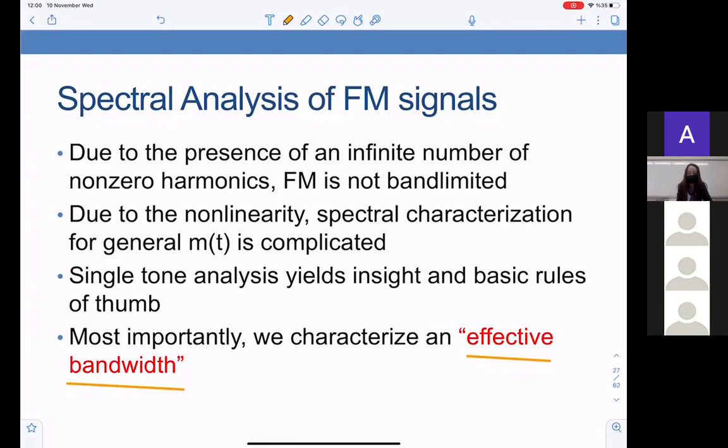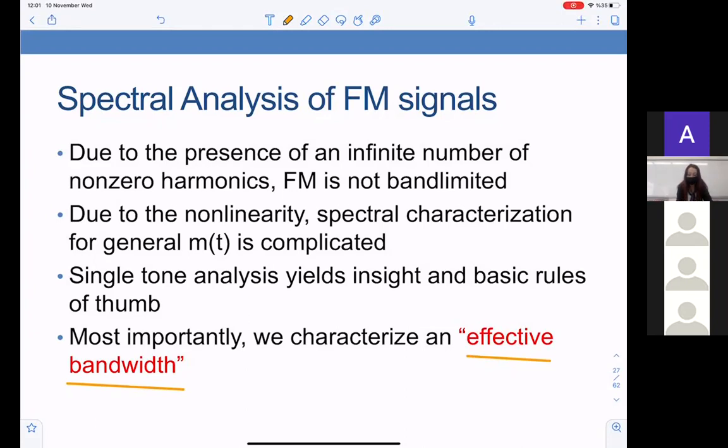Because putting a cosine inside a cosine essentially is a nonlinear operation. So it is kind of misleading: there's a frequency deviation, yes, but that doesn't mean that the bandwidth is limited to Fc plus delta F.